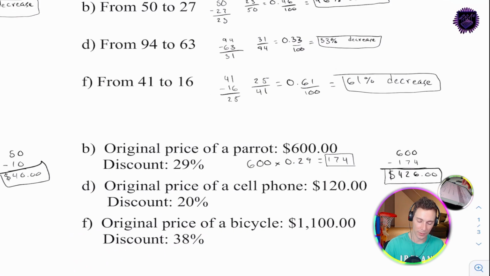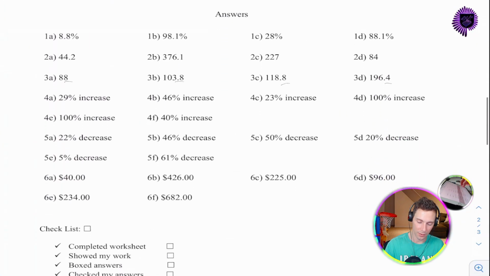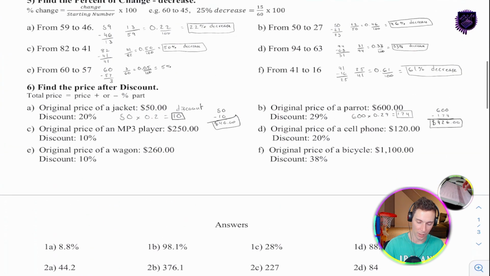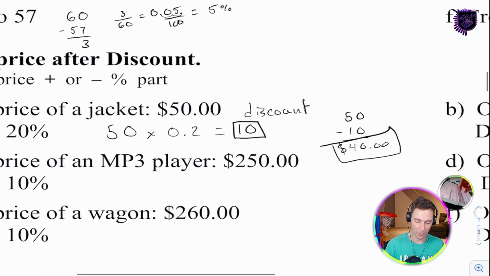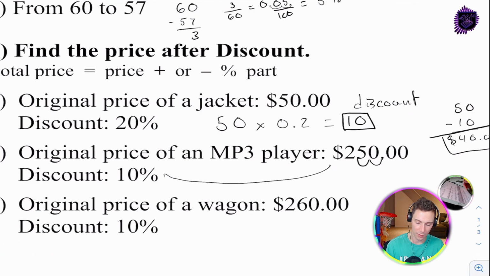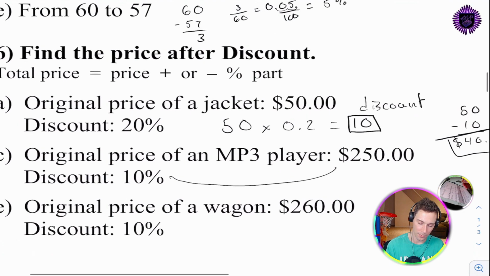6B, yeah, 426. What was the first one? 40, yeah, okay. It's always nice to make sure you're checking your answers, know what you're doing, right? So right off, I can just see 10% of 250 is going to be $25, right? 10% of 100, yeah, 25. So its final price is going to be $225.